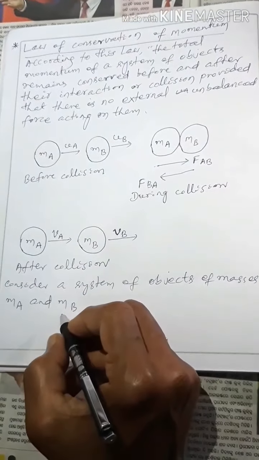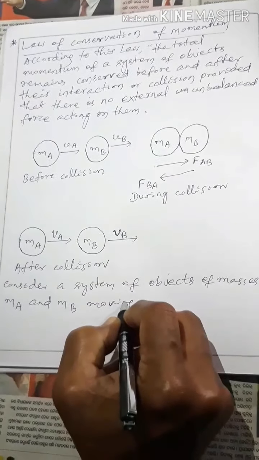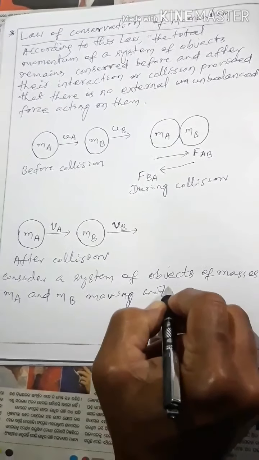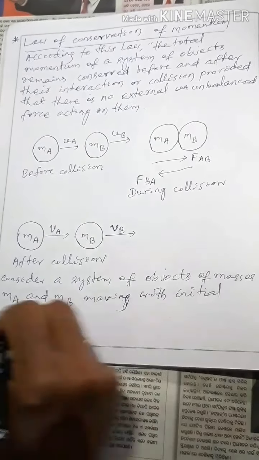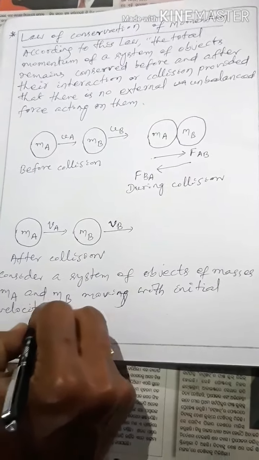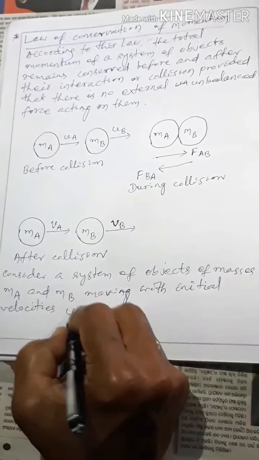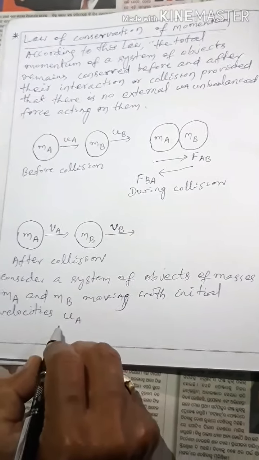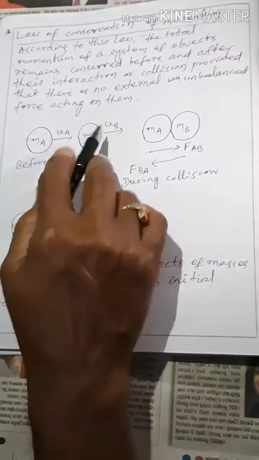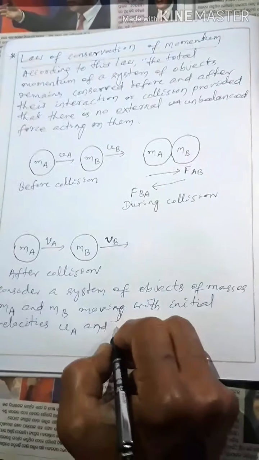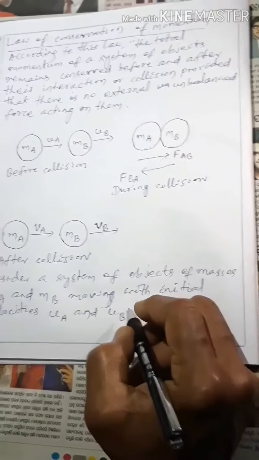They are moving with initial velocities UA and UB, where UA means the initial velocity of object A and UB the initial velocity of object B, respectively.